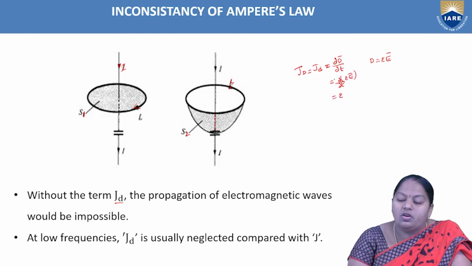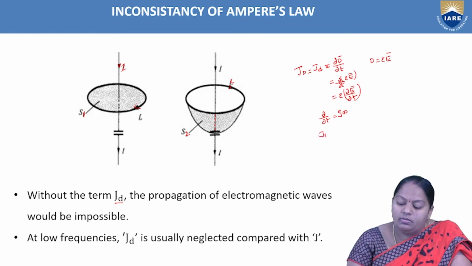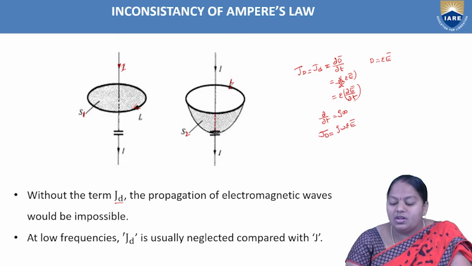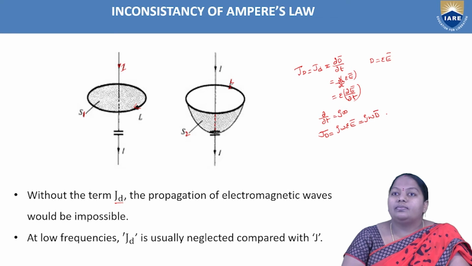Now if you consider epsilon as a constant, epsilon dou E bar by dou t. So for all time varying fields, the partial derivative, the changing term dou by dou t, is replaced by j omega. Hence the JD term can be represented as JD equal to j omega epsilon E, or if we replace epsilon E by D, it is given by j omega D bar.